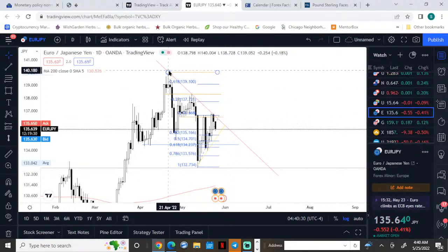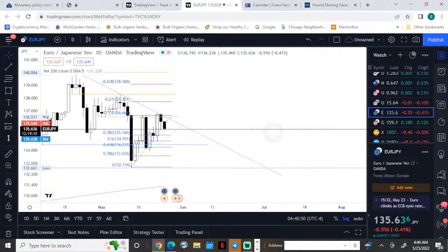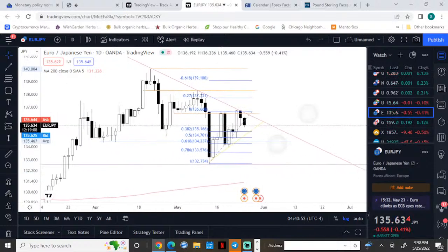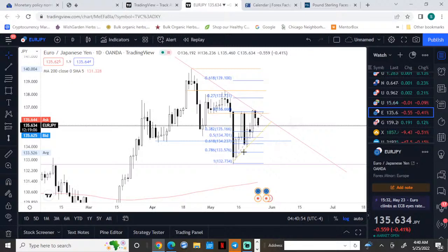We got our high, lower low, lower high, lower low, lower high. We got a higher low. We got equal highs. We haven't gotten a lower low, but price did not break structure. So it still could hit this trend line and drop.